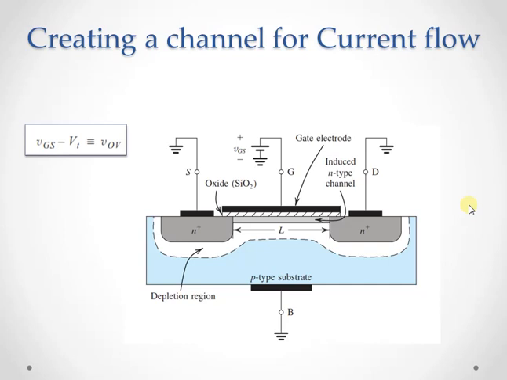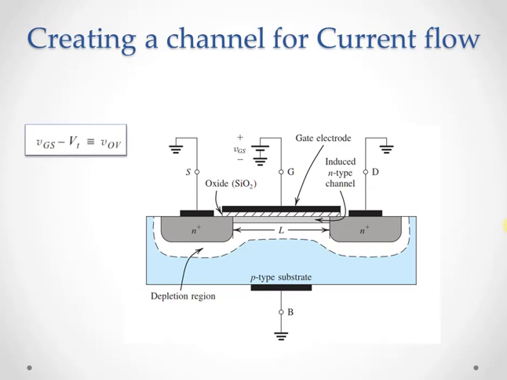When VDS, that is the drain to source voltage, is 0, the voltage at every point along the channel will be 0, and the voltage across the oxide, that is between the gate and the points along the channel, is uniform and will be equal to VGS.